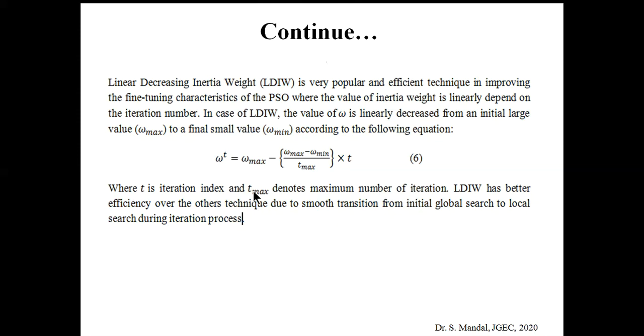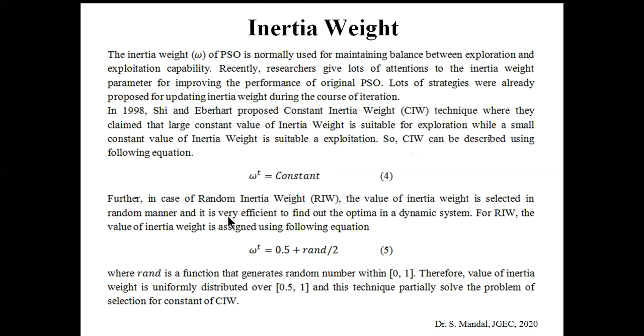It follows this equation: w_t, the value of inertia weight at the t-th iteration, is w max minus w min divided by T max, multiplied by t. Here t is the iteration index and T max denotes the maximum number of iterations used during the iteration process. So LDIW has better efficiency than the other techniques due to the smooth transition from global search to local search during the iteration process.